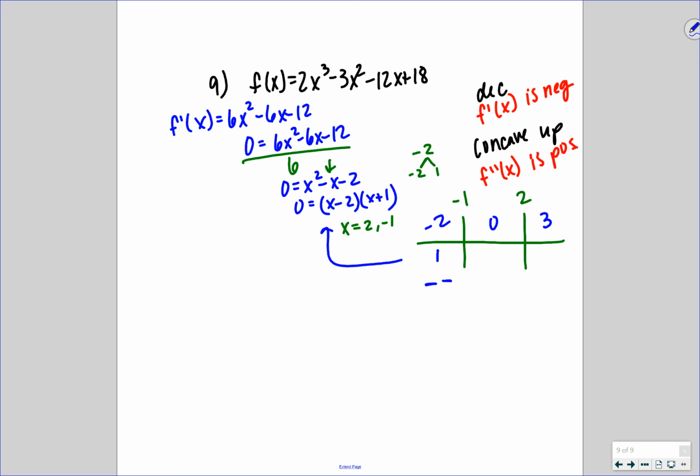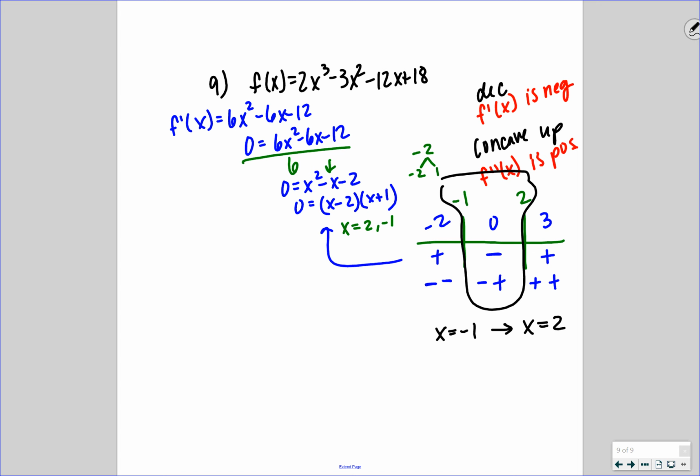Negative times a negative is a positive. 0 minus 2 is a negative number. 0 plus 1 is a positive number. All right, here's where I'm negative. 3 minus 2 is a positive. 3 plus 1 is a positive. Positive. I want to know where it's decreasing. So here is where I'm decreasing. I'm going to decrease from x equals -1 until x equals 2.